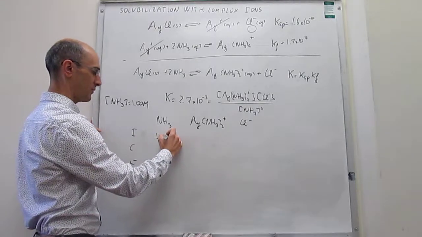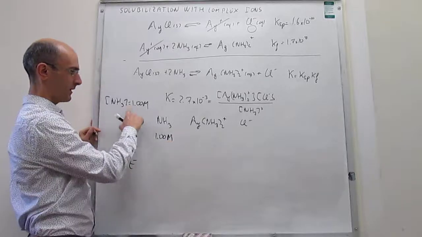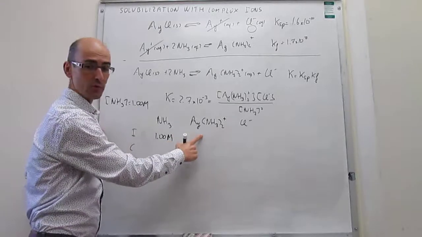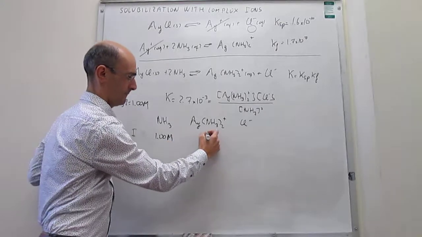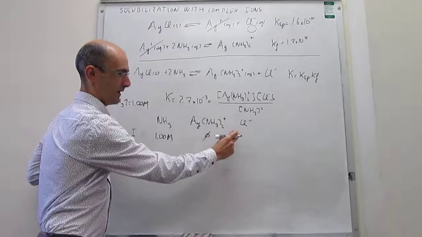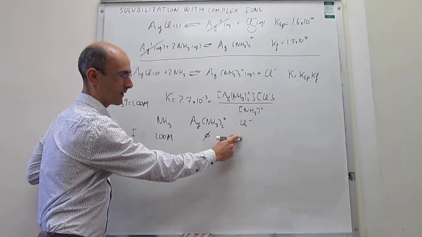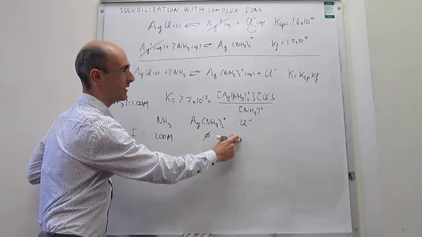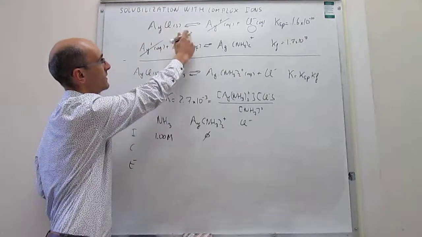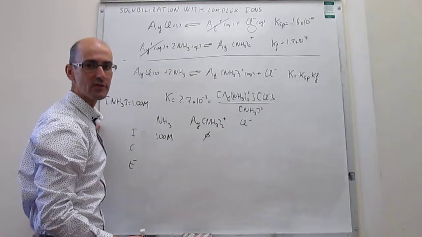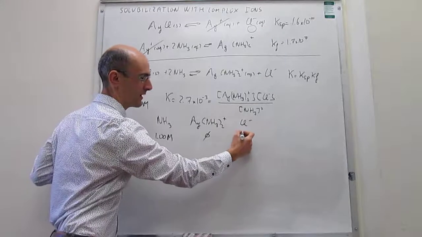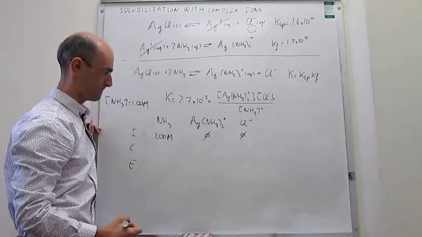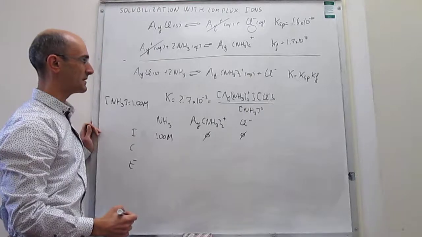Initially the concentration of ammonia is going to be 1 molar. Okay, that is by design. Initially we do not have any complex ion, and initially we might have a little bit of chloride, because you actually get a little bit from here, but that turns out to be a very negligible concentration, so we're going to neglect it entirely. Okay, then the change would be as follows.